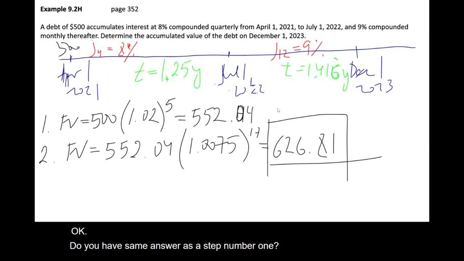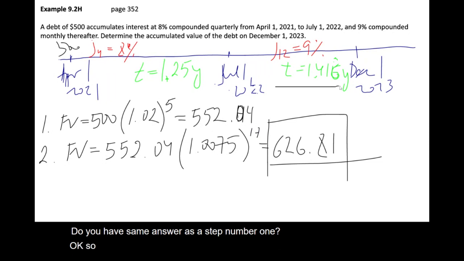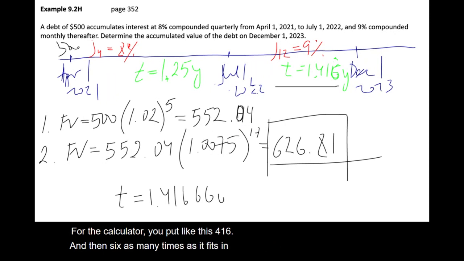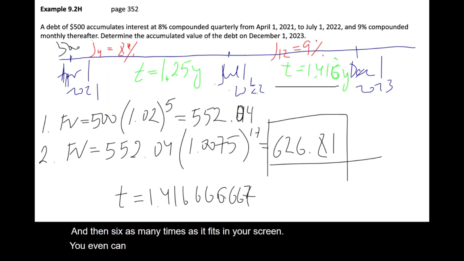Oh, okay. So t here, for the calculator, you put like this, 1.416, and then 6 as many times as it fits in your screen. You even can put 7 at the end, round last digit, right? And then this times what, 12.